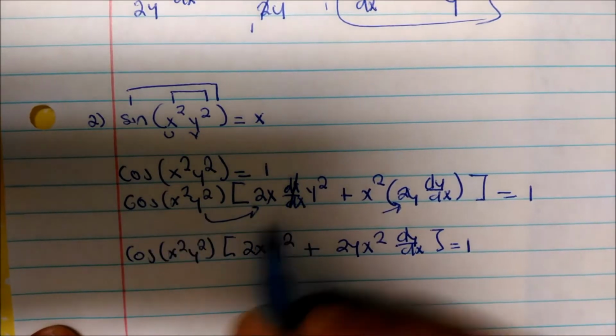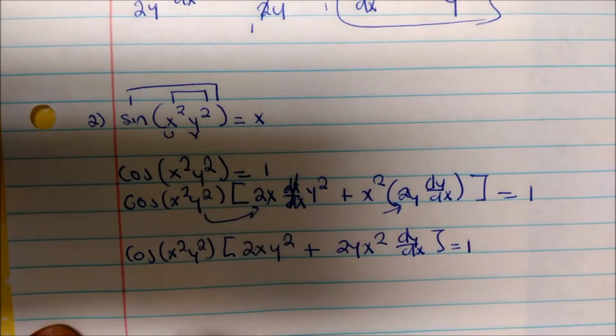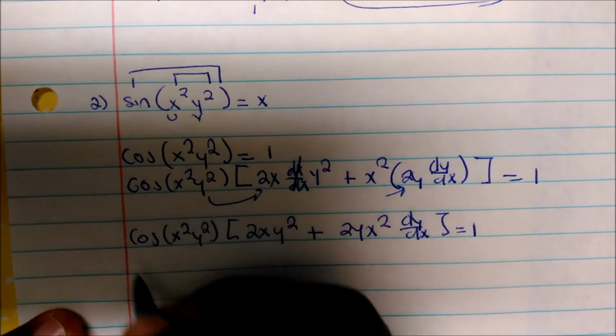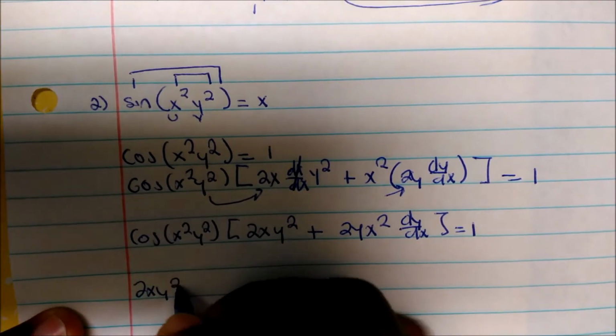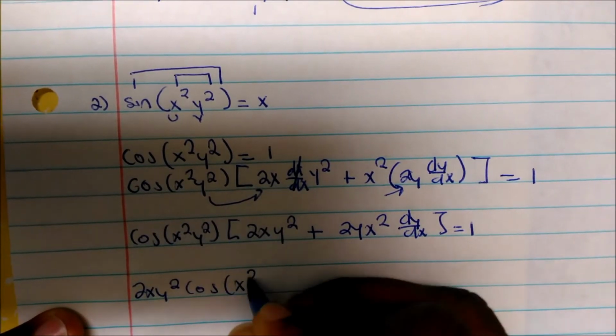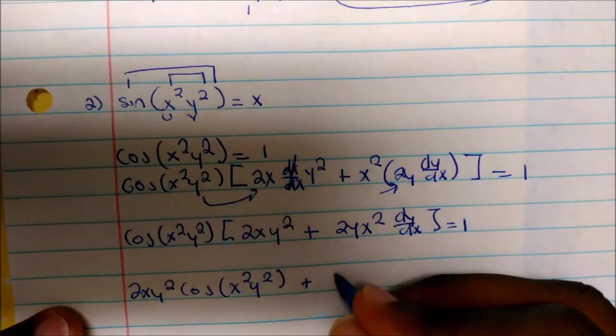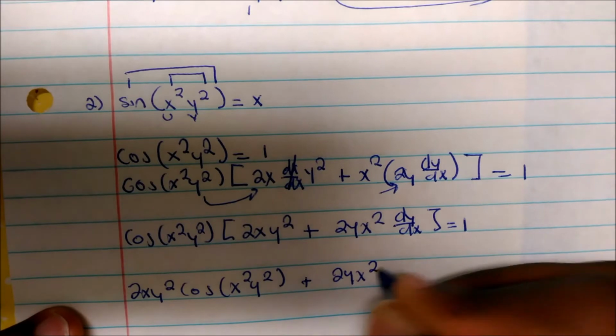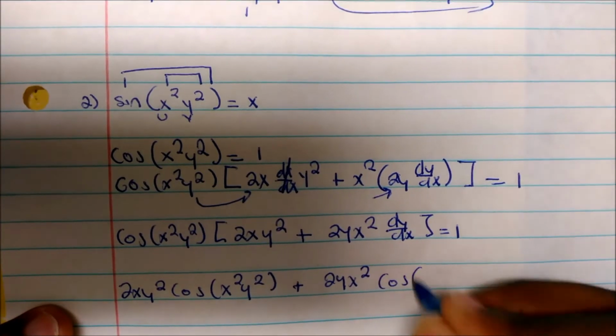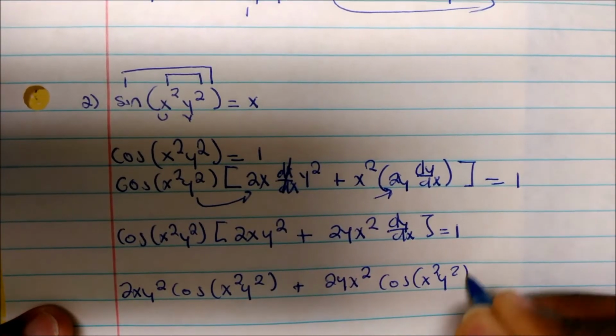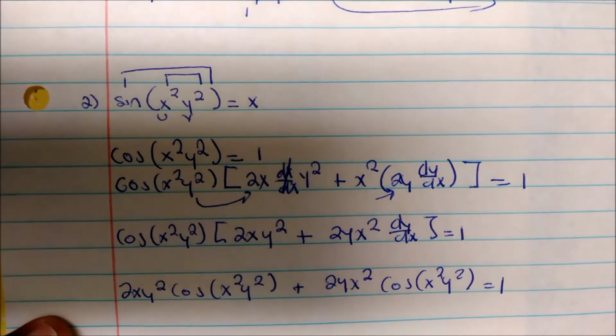So now I could just go ahead and distribute my cosine to both of these. So this will now be 2x y squared cosine of x squared y squared plus 2y x squared times cosine of x squared y squared. That's going to equal 1.